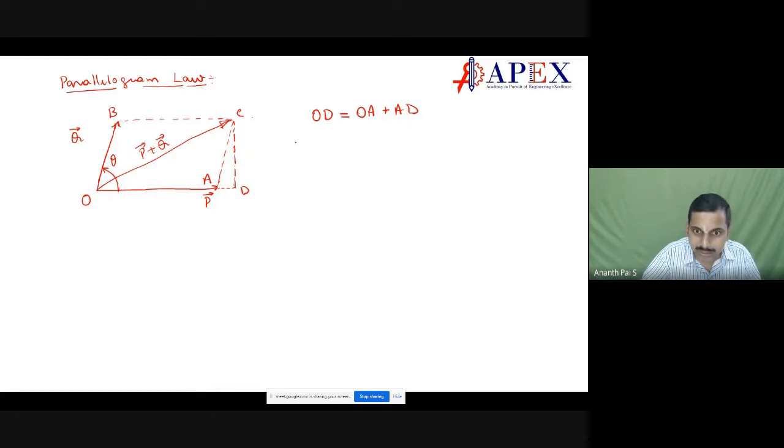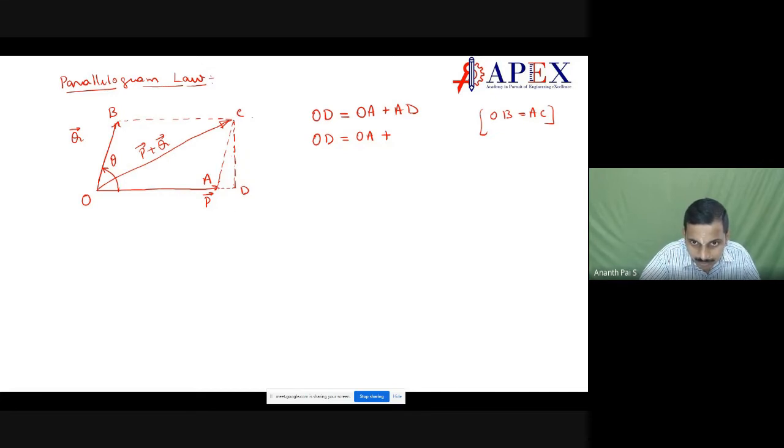Correct, students? In a similar way, I can also write OD is equal to OA plus... Now observe here, OB is equal to AC. Make sense? So what is AC?